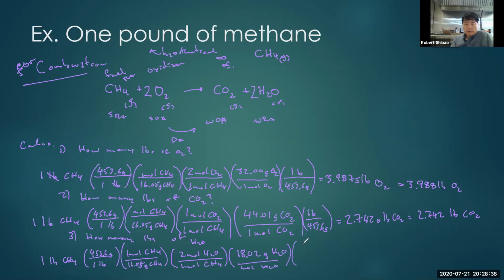And then the final conversion is to pounds. 1 pound is 453.6 grams, and so 453.6 cancels on both sides. So it's just 2 times 18.02 divided by 16.05.